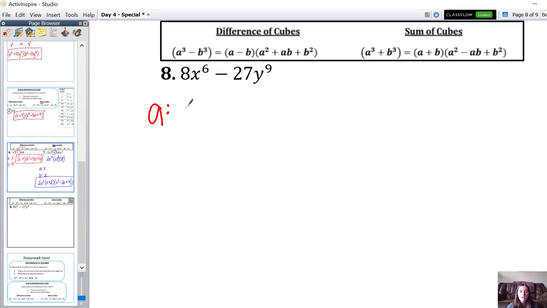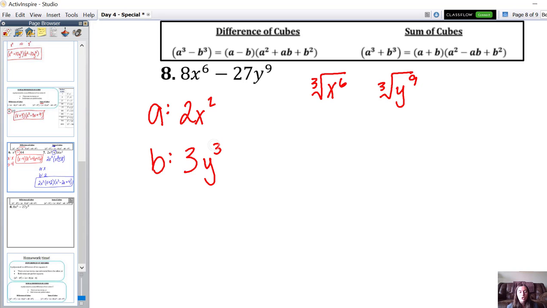Well, the cubed root of 8 is 2. The cubed root of x to the 6, how many times does 3 go into 6? It goes into it twice, so we have x squared. Then for b, the cubed root of 27 is 3. Then we need the cubed root of y to the 9th. 3 goes into 9 3 times, so we have y cubed. Those are our a and b.